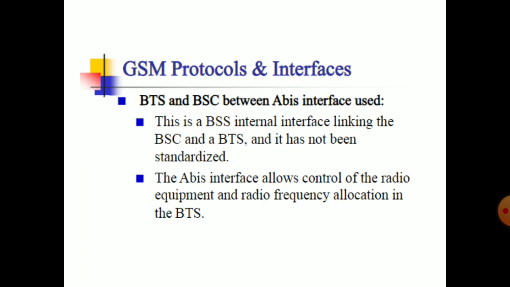Coming to the BTS and BSC, the Abis interface is used between them. This is a BSS internal interface linking the base station controller and the base transceiver station, and it has not been standardized.